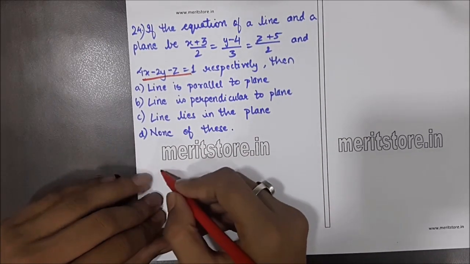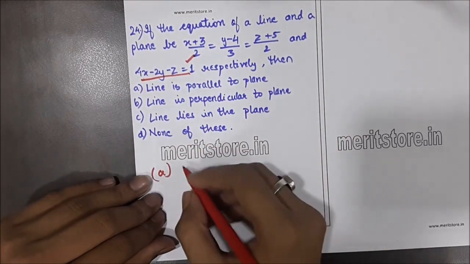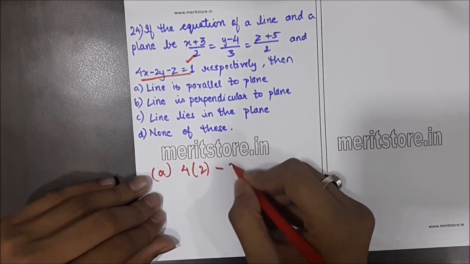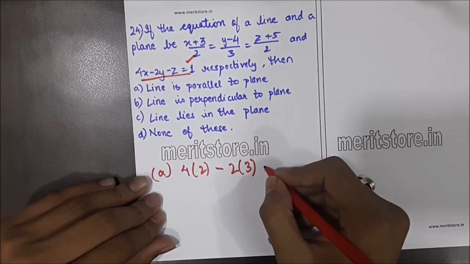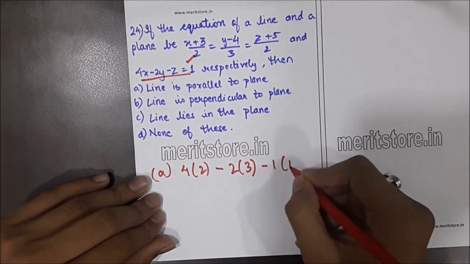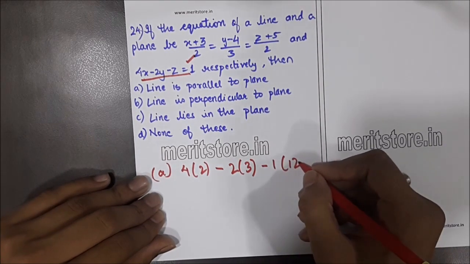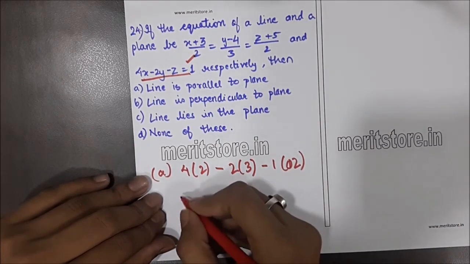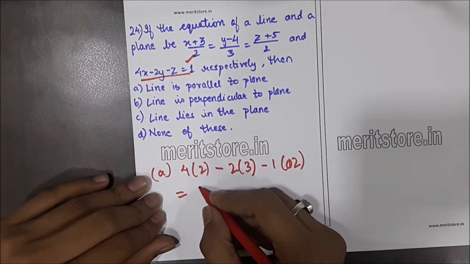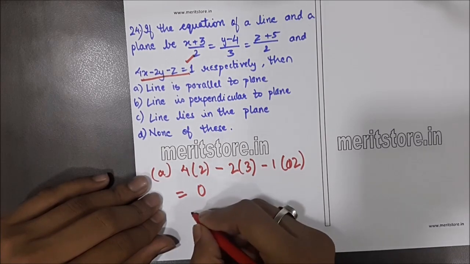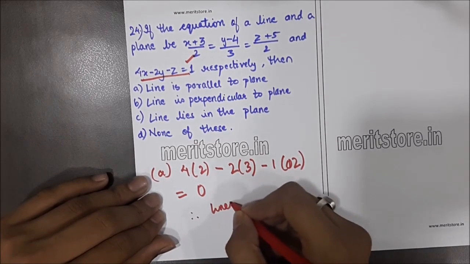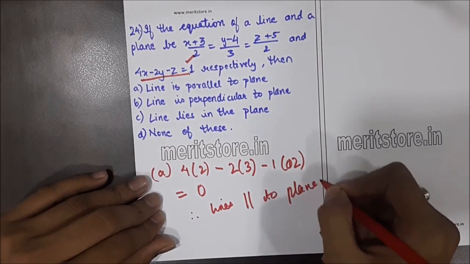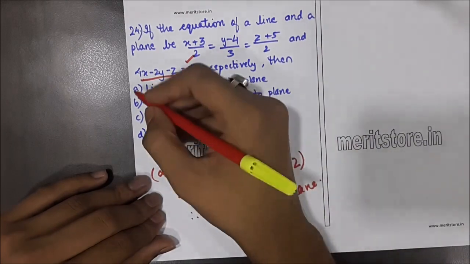So let us solve this. We would get 4 times 2 - 2 times 3 - 1 times 2. Solving this we get the answer as 0. Therefore the line is parallel to the plane. So the correct answer is option A.